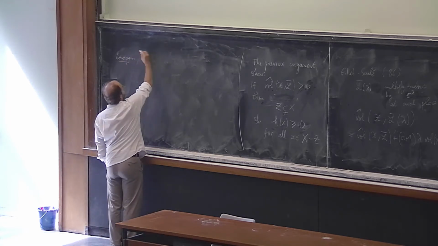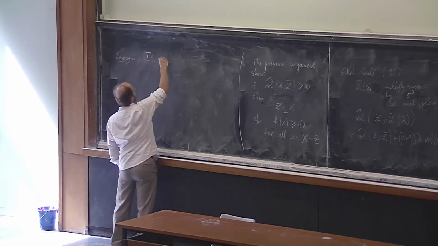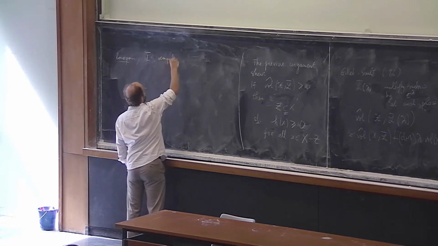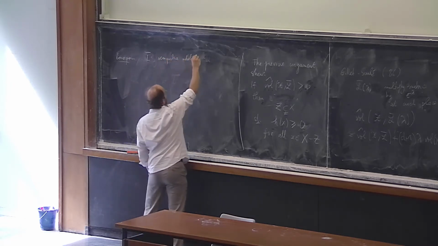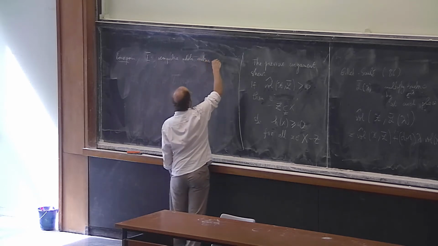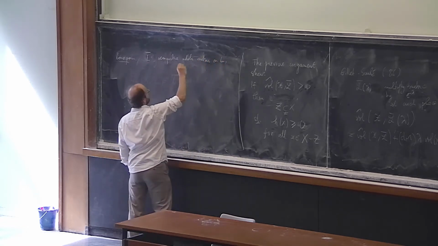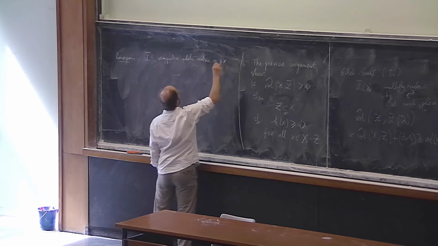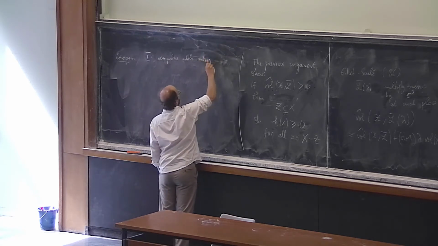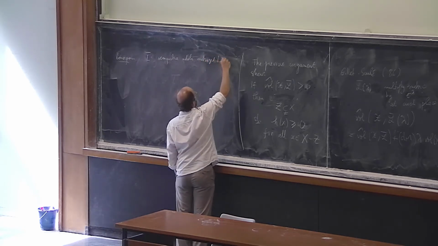So assume that L bar is a semi-positive adelic metric on L, a metrized line bundle.